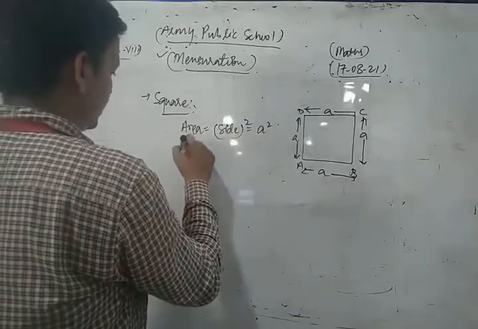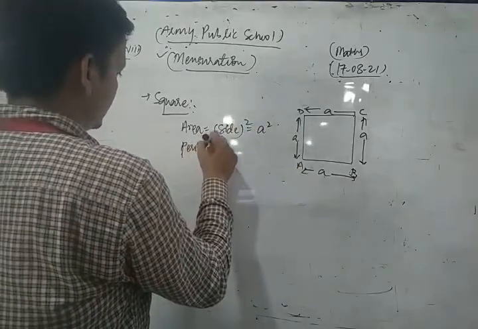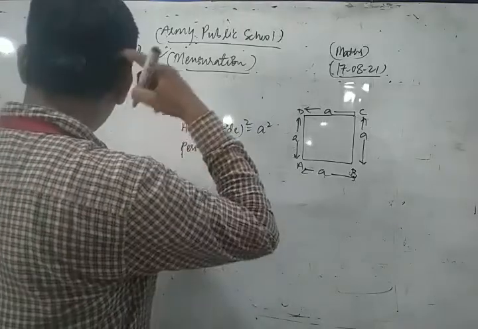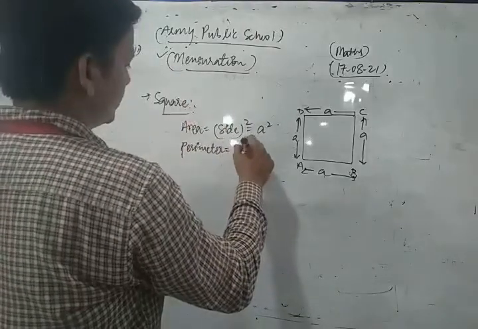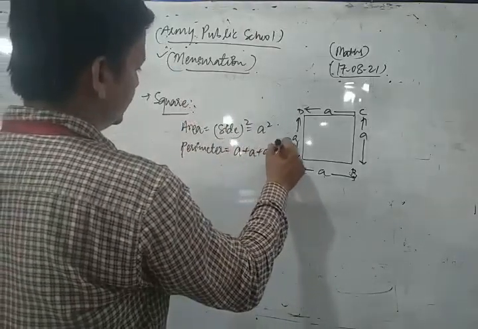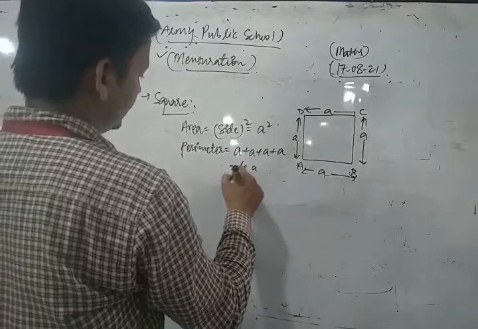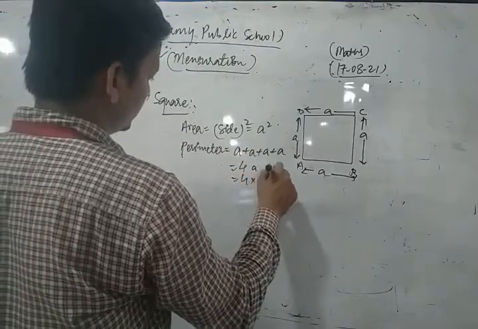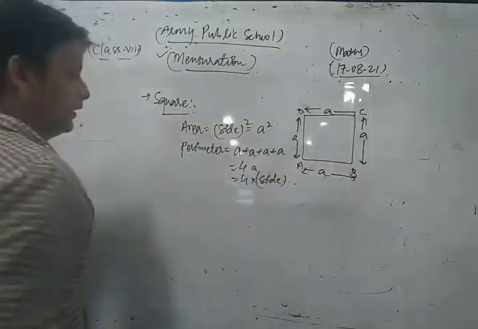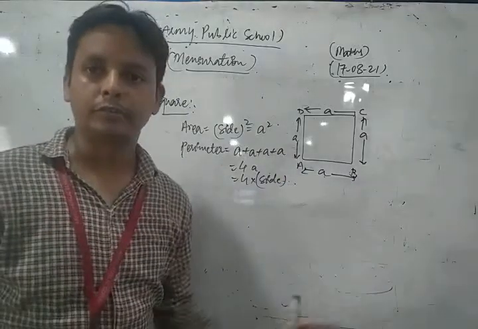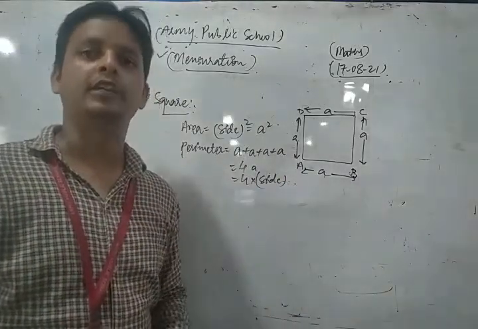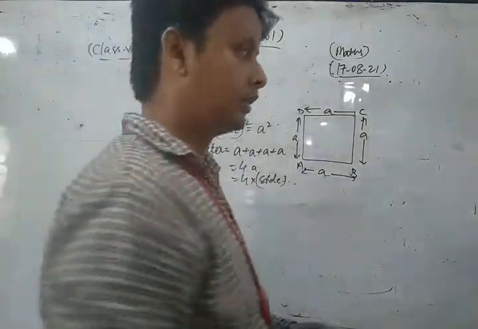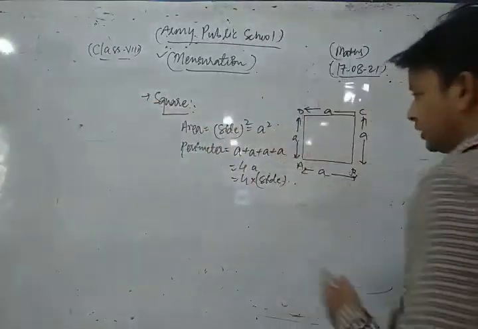Its perimeter is A plus A plus A plus A, which is equal to 4 into A, that is 4 into side. These are two very important formulas related to square, and in your chapter there are so many questions based on these formulas.